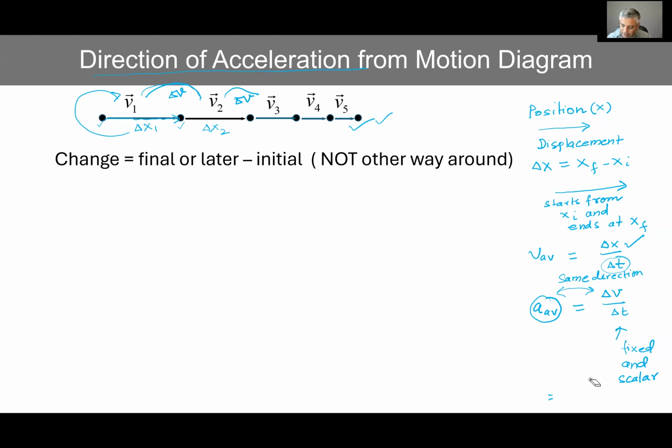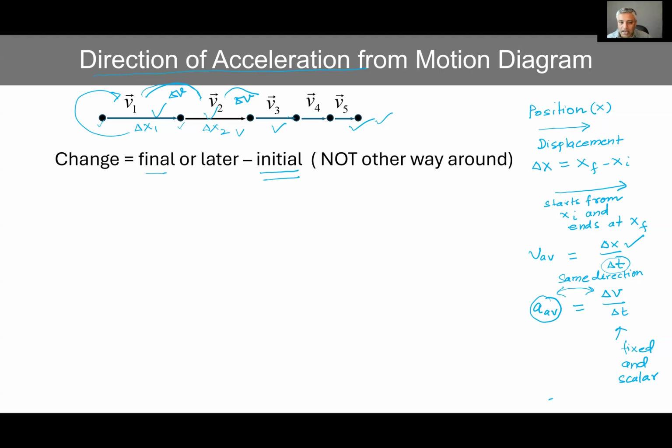So we need the direction of change in velocity, which may or may not be the same as the direction of velocity. Which velocity, initial or final, right? Here initial means previous, and final means later. So we can choose any two, okay? Either 1 and 2 or 2 and 3 and so on.